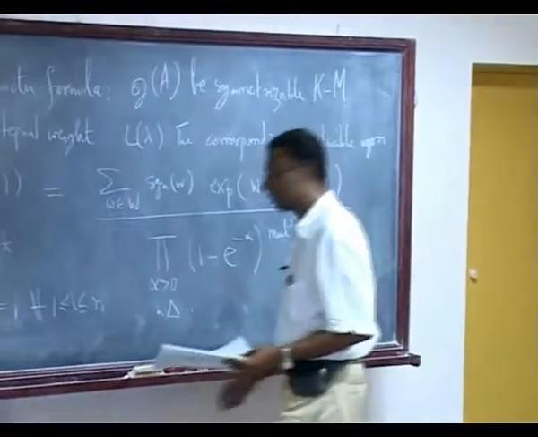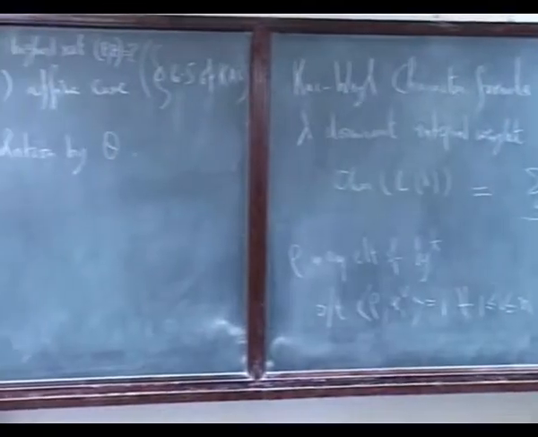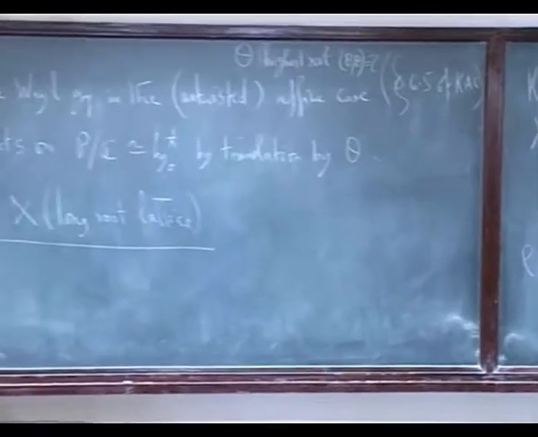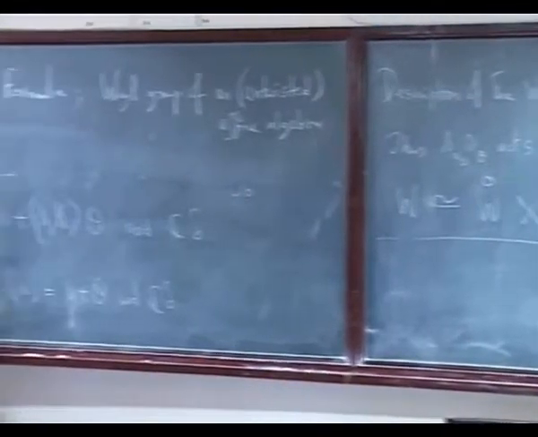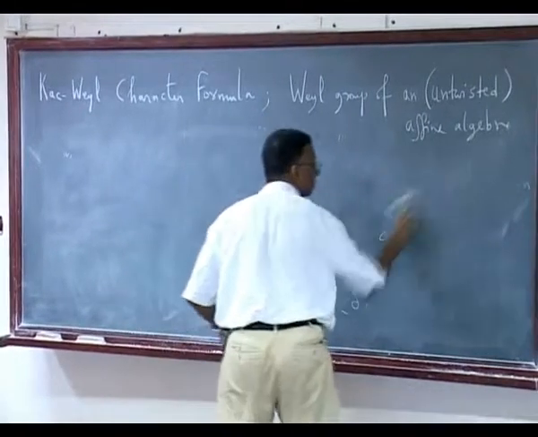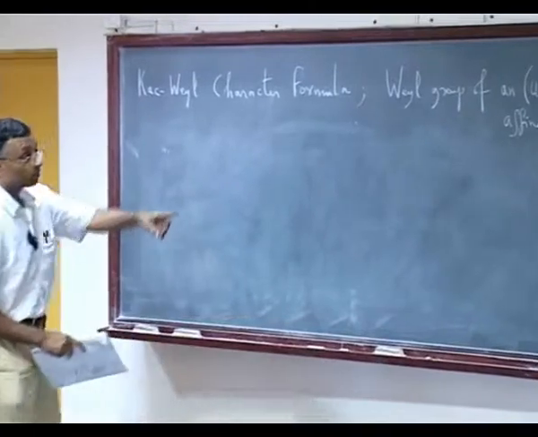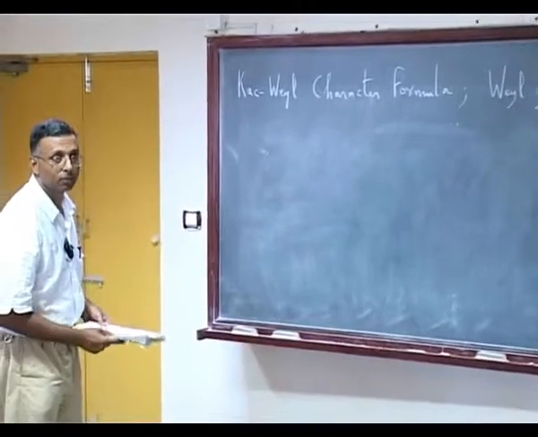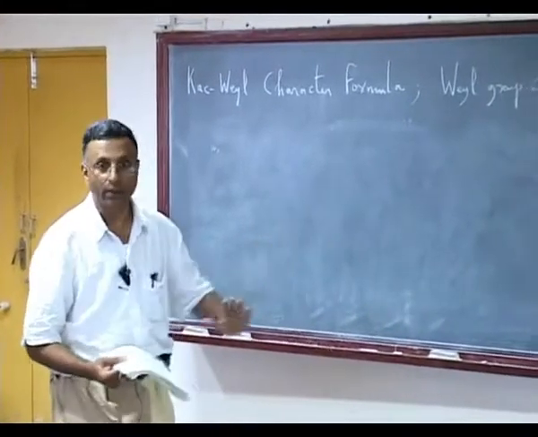So this is the definition of rho. Now let us try to do as much as we can about the proof of this. Let us try to understand the denominator a little bit. The rest of the lecture will be about some ideas of the proof of this.